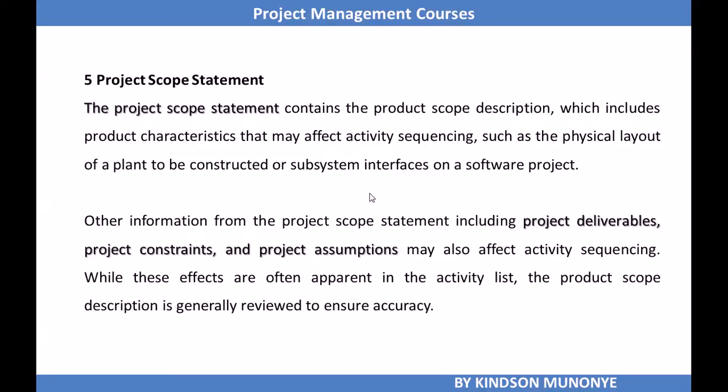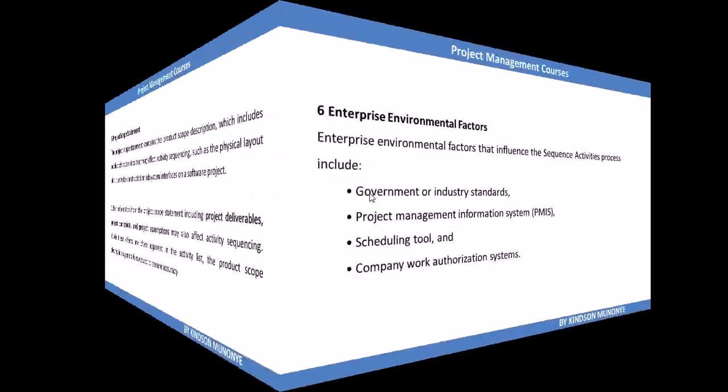Other information from the project scope statement includes project deliverables, project constraints, and project assumptions. All this can affect sequence activities. While these effects are often apparent in the activity list, the product scope description is generally reviewed to ensure accuracy.